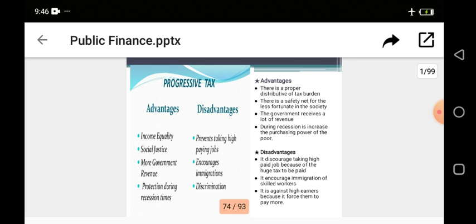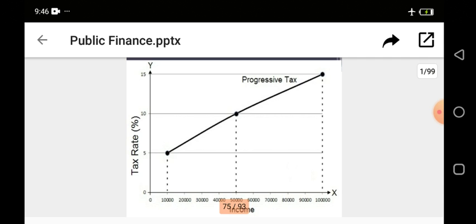And now, this is how the diagram looks like. You can see that this diagram is always the same with your supply curve. So we have two axes there, the y-axis and the x-axis. On your y-axis we have tax rate, while on the x-axis we have your income.